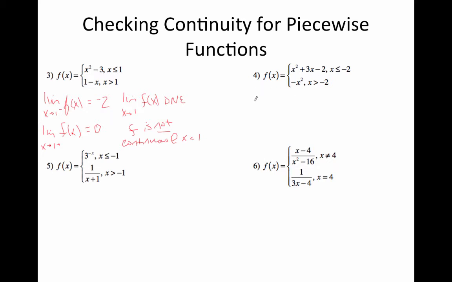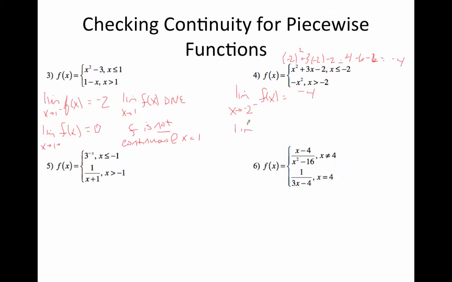Let's look at number 4. We'll do the same thing, except the rule here changes at negative 2. So let's check the limit as x approaches negative 2 from the left of f of x. That means we put negative 2 into the top function. Negative 2 squared plus 3 times negative 2 minus 2 gives me 4 minus 6 minus 2, which is negative 4.